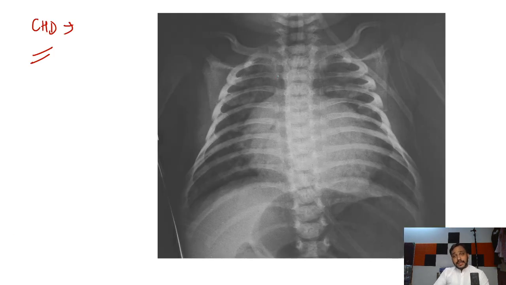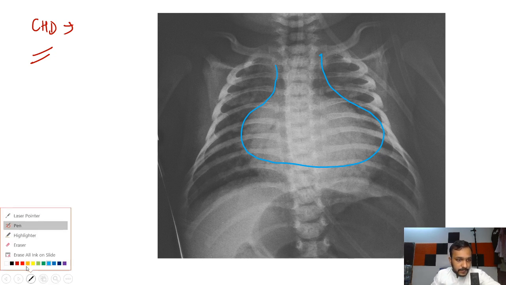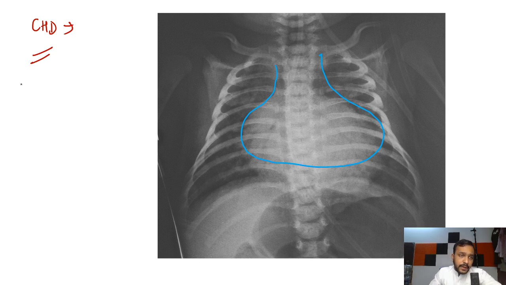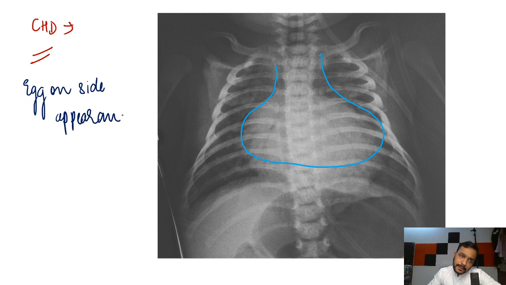So the congenital heart disease that you can see in this case was an egg on side appearance, and it is seen in transposition of great arteries, okay.